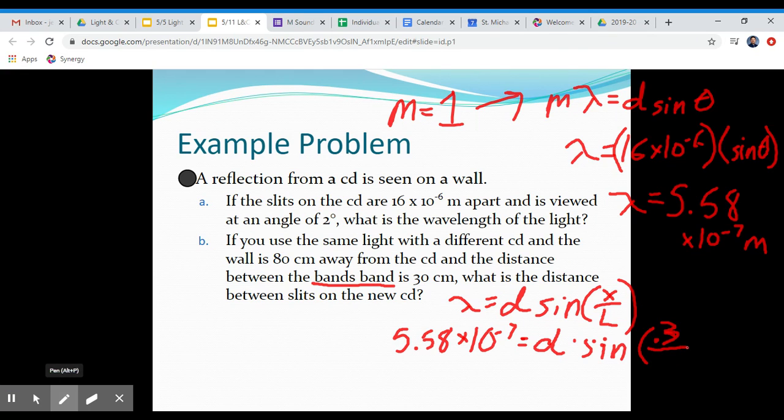And then L is going to be the distance between your grating, or in this case the CD, and the screen, or in this case the wall. So that's going to be not 80 centimeters, but 0.8 meters. So you can find sine of 0.3 over 0.8, and then you can divide over. So we'll go ahead and solve for that real quick.